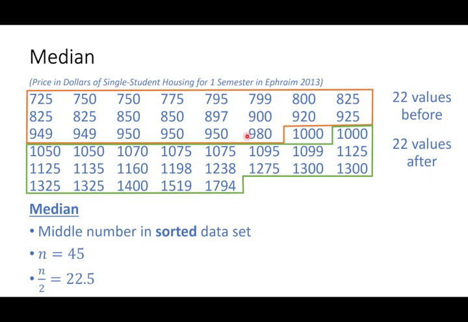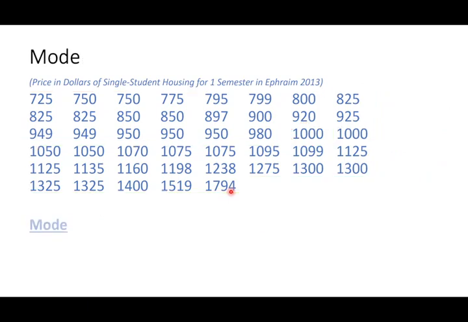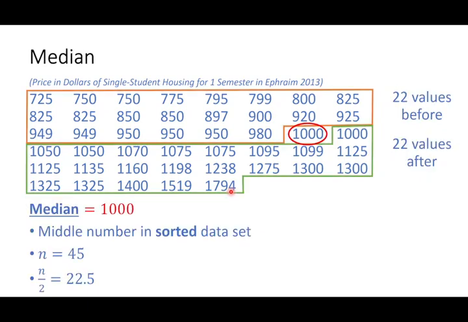So that is the median. If there's an even number of values, you would take the average of the two middlemost values. But again, we're not really in the business of doing these by hand. There's going to be a calculator shortcut to do this.